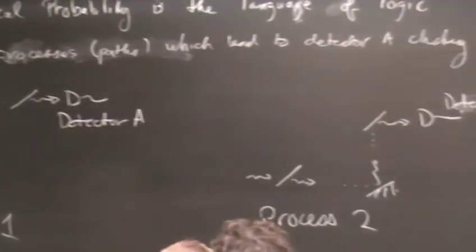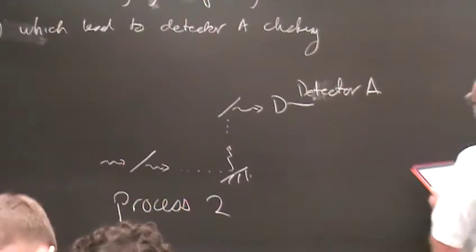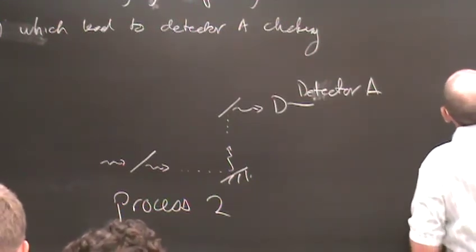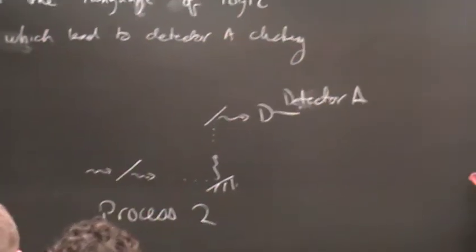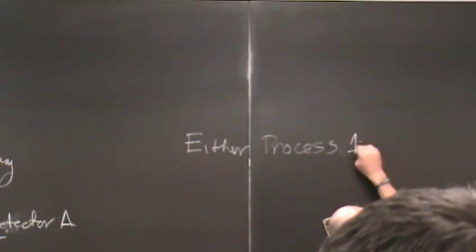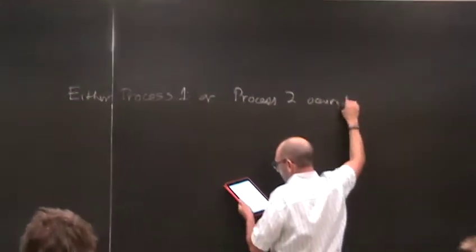Now, logically, what you would say is either process 1 happened or process 2. They're mutually orthogonal. That's how we would argue logically, right?